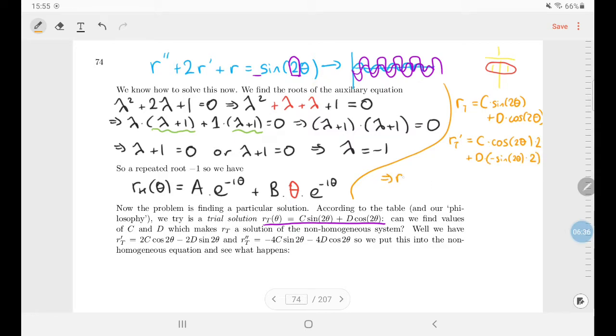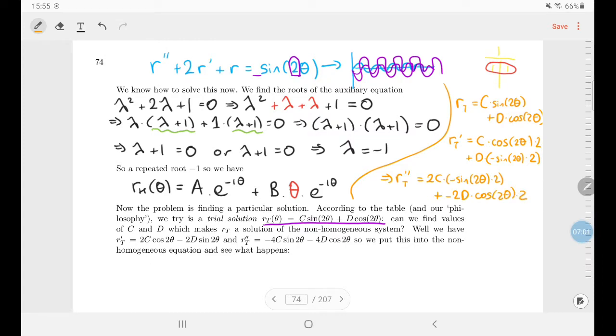And then finally, the second derivative of the trial solution. Fix the constant 2c. The derivative of cos 2 theta, similarly, is going to be minus sine 2 theta times 2. Plus, and the second one, fix the constant minus 2d. And the derivative of sine of 2 theta, similarly, is cos of 2 theta times 2.